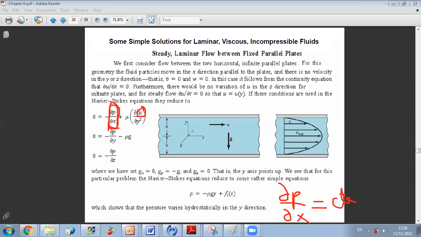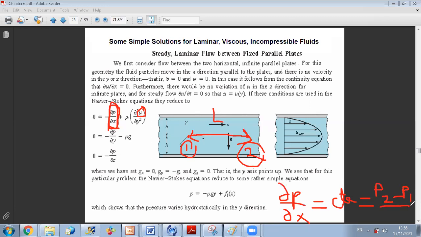So for example, if this is point 1 and this is point 2, and the distance between these 2 points is L, then I can say that del P by del X is equal to P2 minus P1 over L.